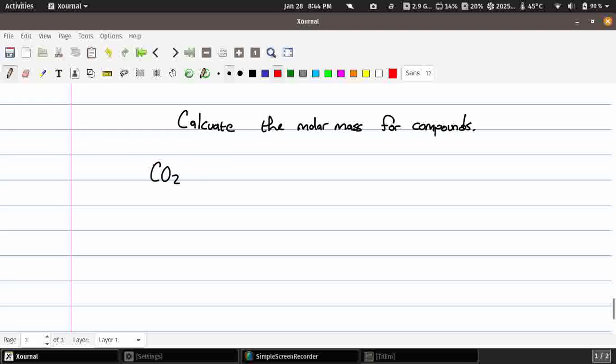So pretty much you're counting how many of each atom, or each element, there is in the molecule, and you're going to multiply that by the molar mass. Remember, if there is no subscript or coefficient in front, it's just 1.